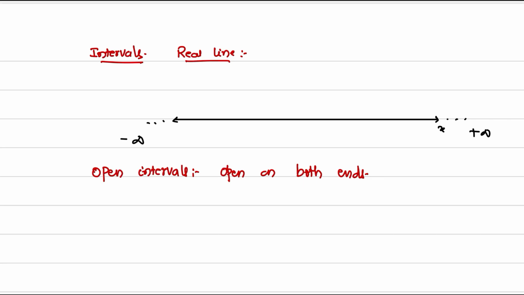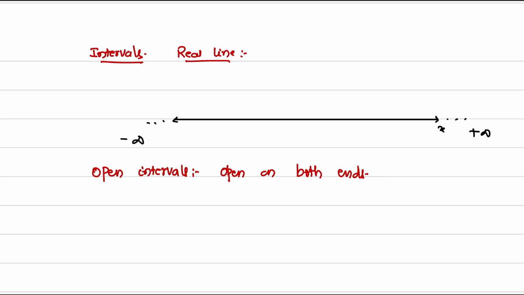You keep in mind that you want to purchase that item between 70 and 80 rupees. That means the cost of the item can be more than 70 rupees and it should be less than 80 rupees. That's an open interval. I am not including 70 and 80. When you do not include the end points, then that interval is called an open interval.